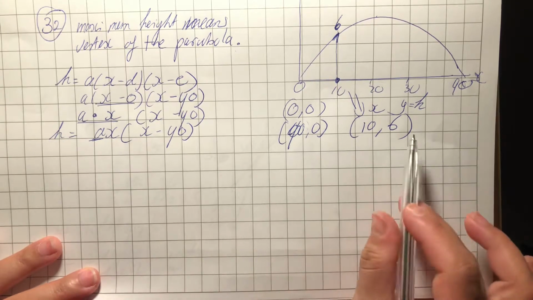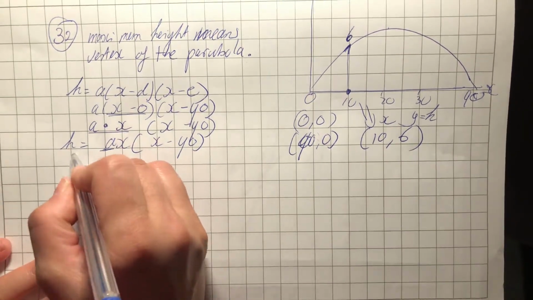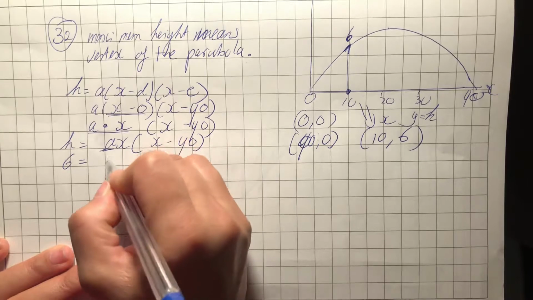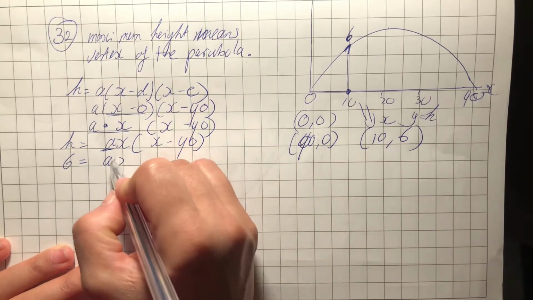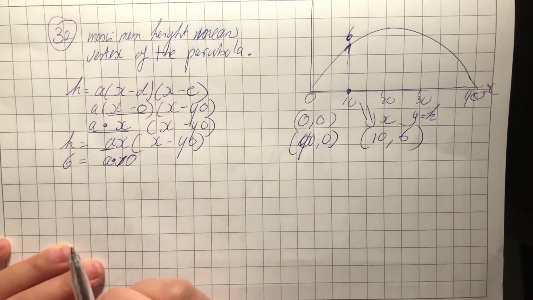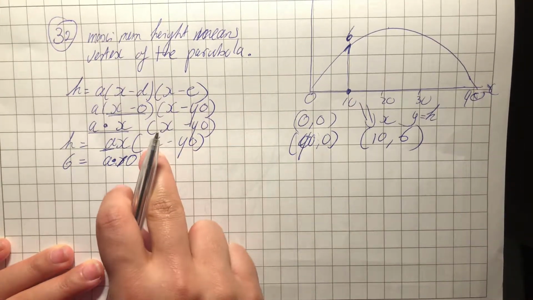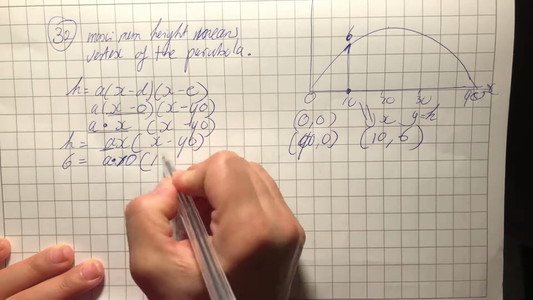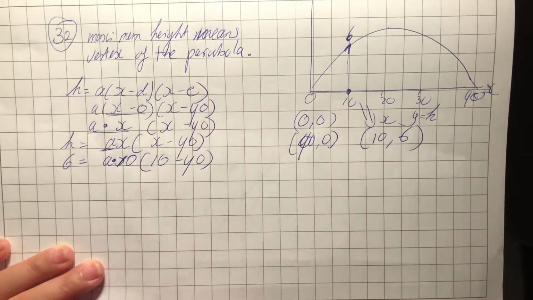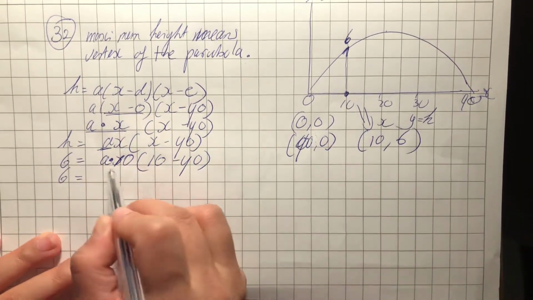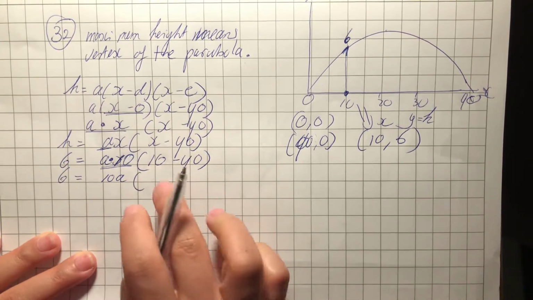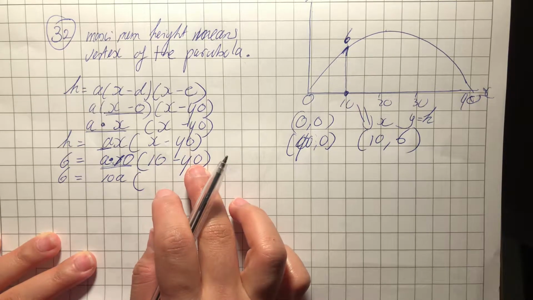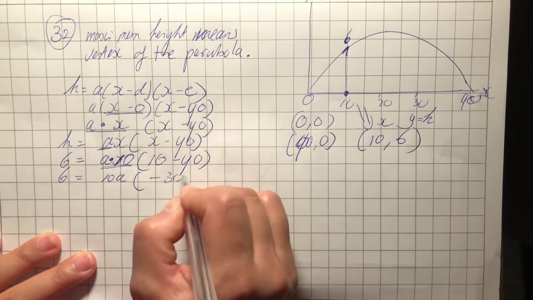So what you get over here is that 6 equals a times the x, which is in this case 10. So a times 10, opening bracket, you know that the x is 10 minus 40. So we get 6 equals, what is a times 10? 10a. Opening bracket, 10 minus 40 will become negative 30.